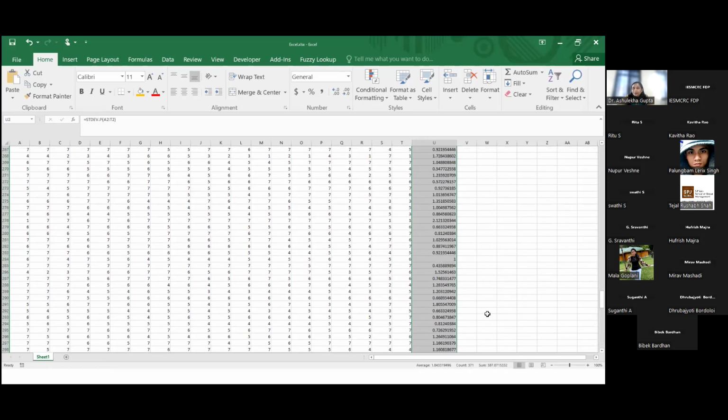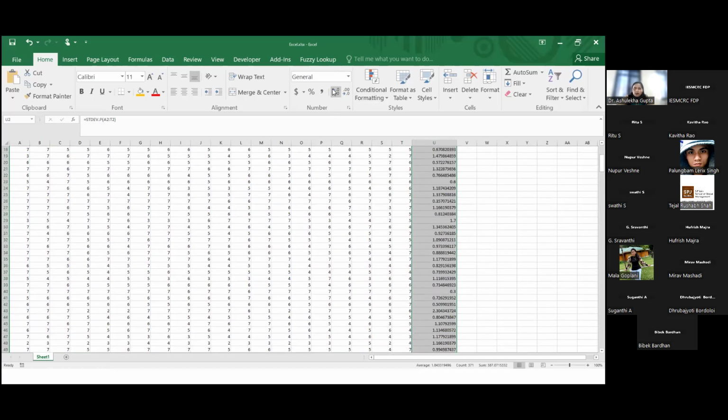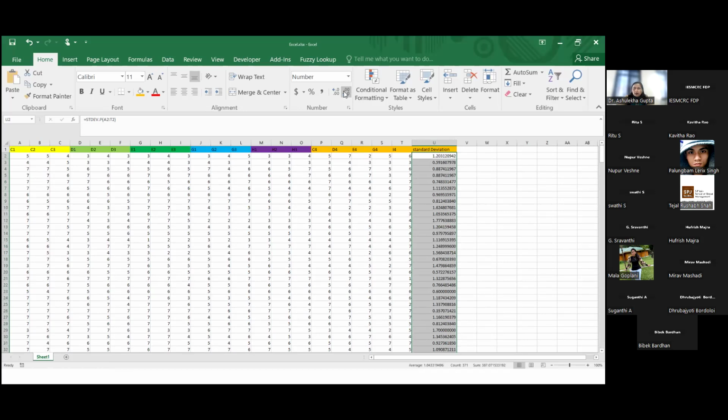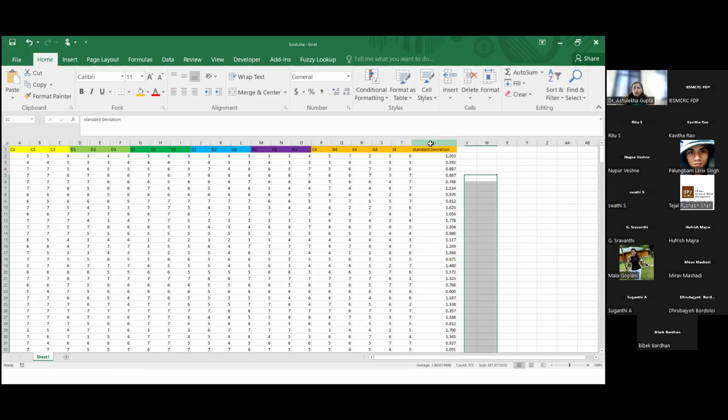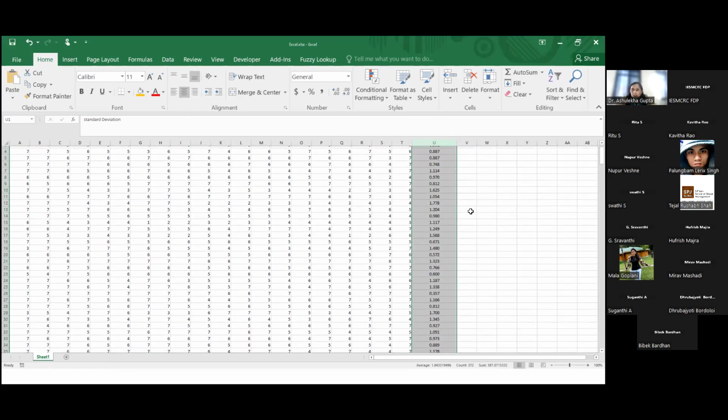Now you can see what the standard deviation is. We can reduce the decimal places, take two decimal points, or drop three decimal points. So now you can see this row and the standard deviation, now you can check.